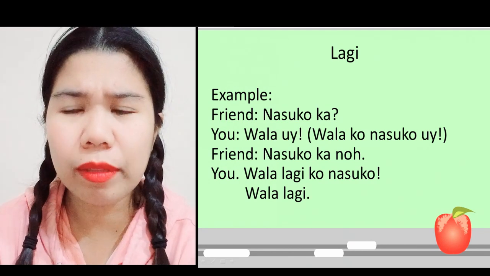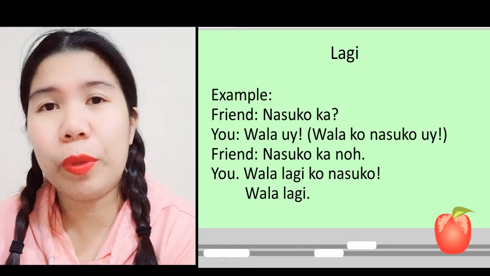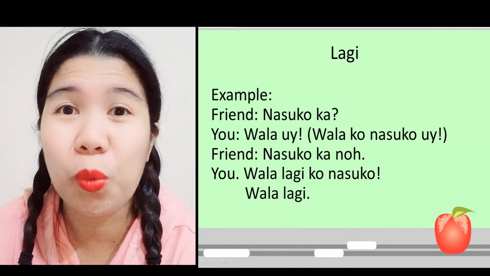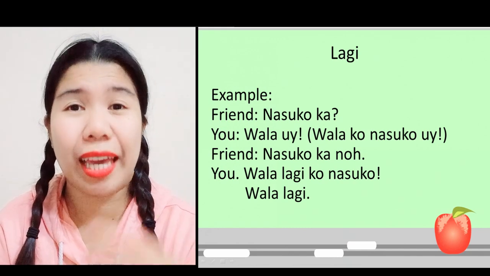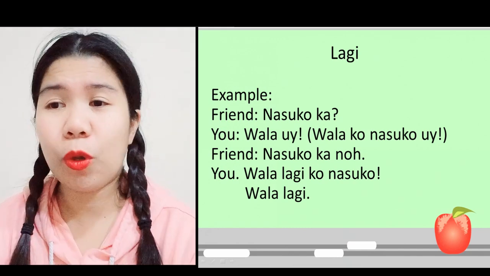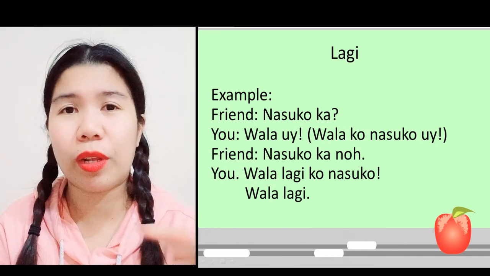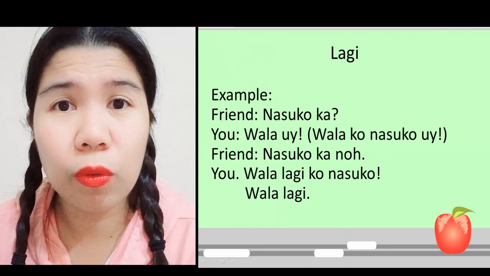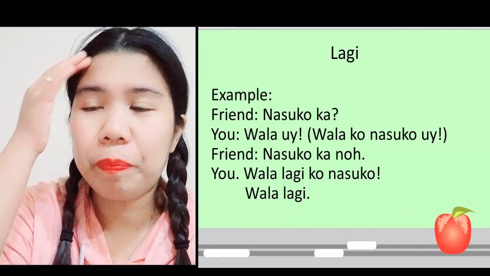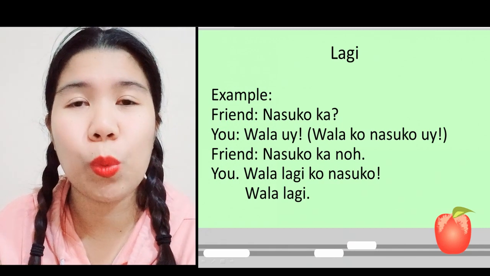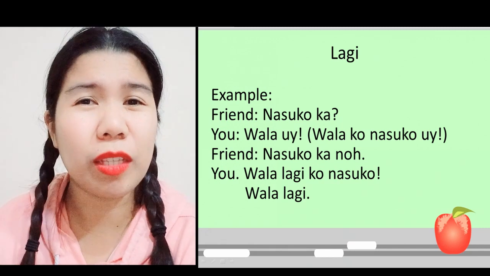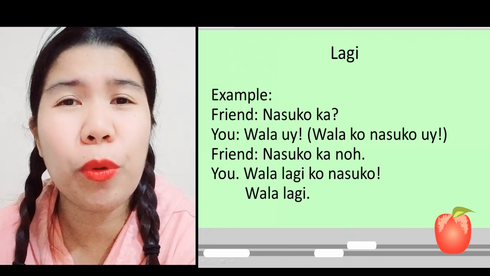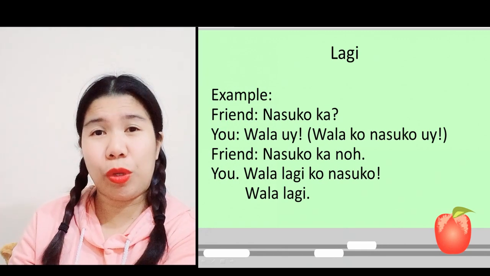And then your friend will not believe you because your expression is really contradictory to what you are saying. So your friend would again repeat the same question but in a different manner. So your friend would say, "Nasuko ka no?" You remember a while ago I have discussed the word no. It's actually not a question, it's a statement, but you are asking for approval or agreement or validation.